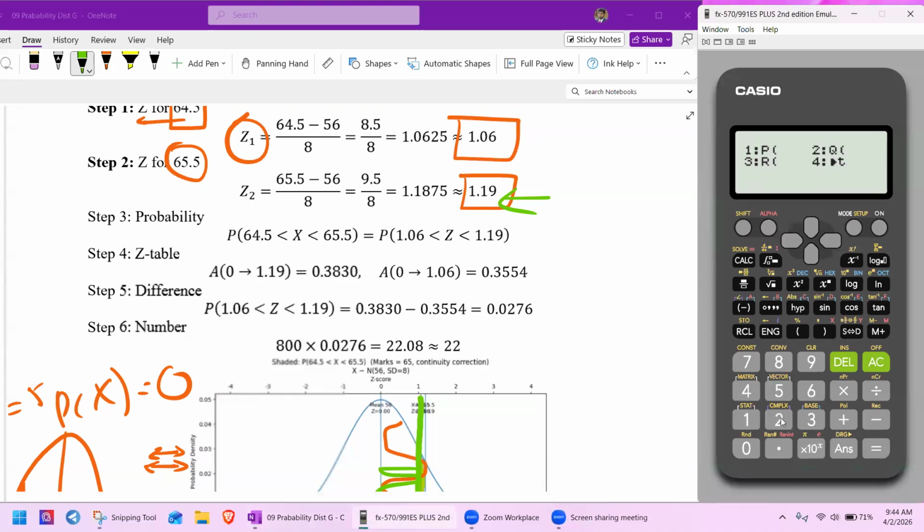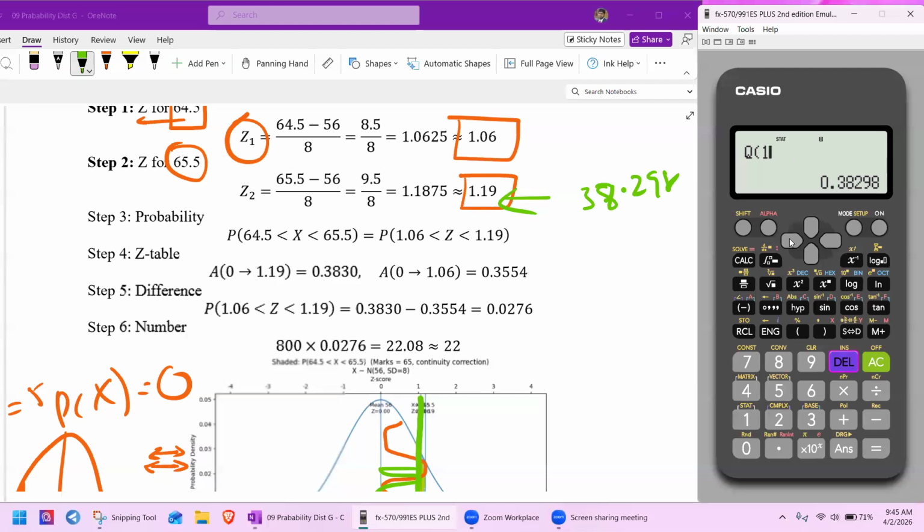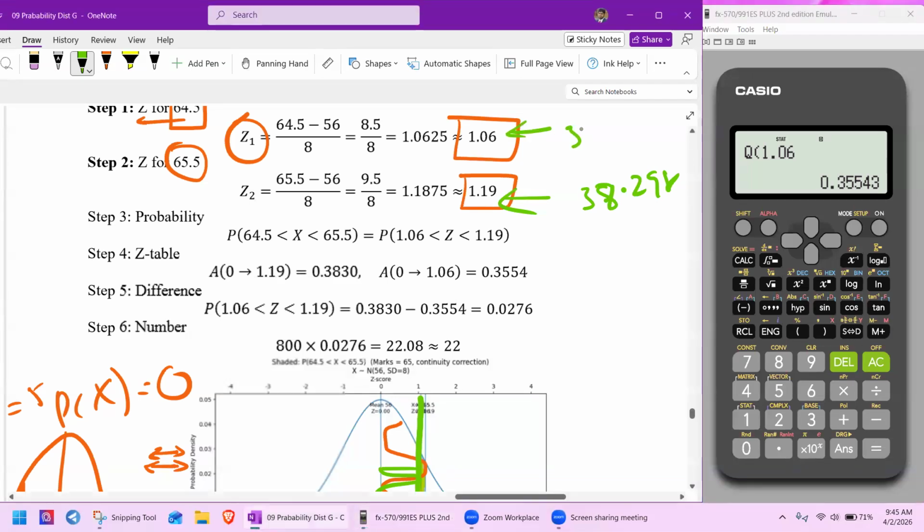The area for 1.19 is 38.298, and for 1.06 it is 35.543.